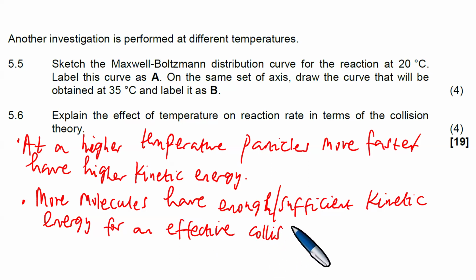Okay, let's look at this. At a higher temperature, particles move faster or have a higher kinetic energy. Okay, that's what we said already to explain the difference in the two graphs. But more molecules have enough or sufficient kinetic energy for an effective collision. So we explained the effect of temperature on reaction rate in terms of the collision theory. So these are the two points.